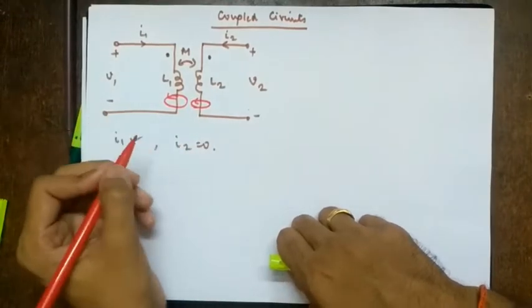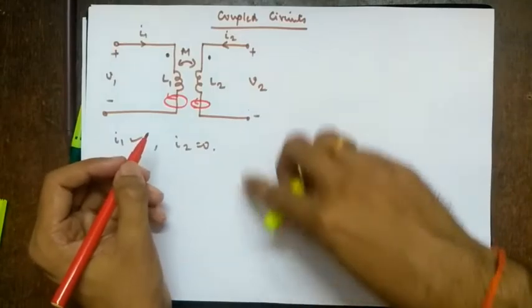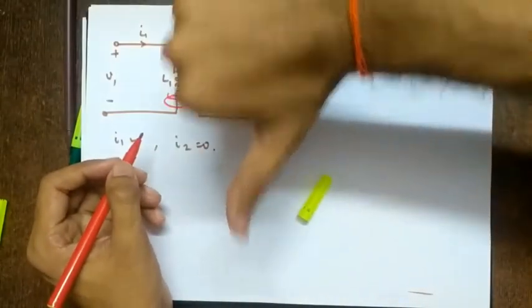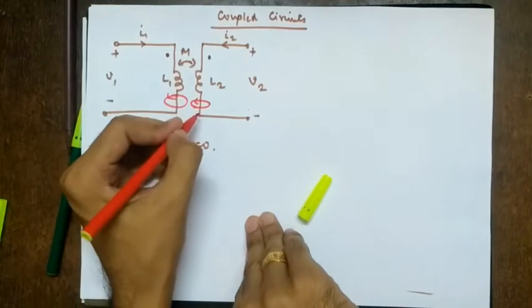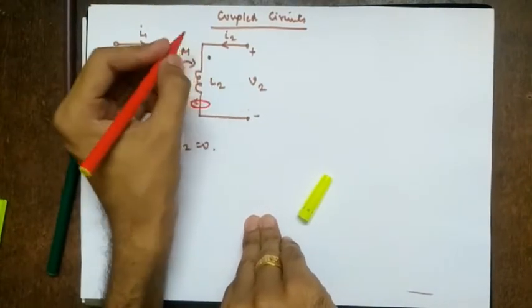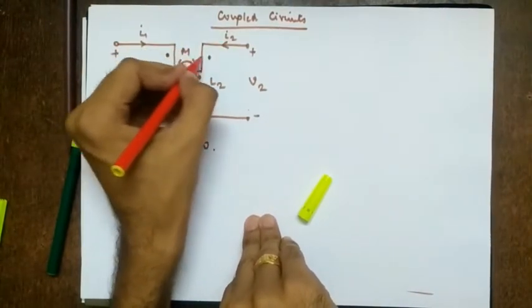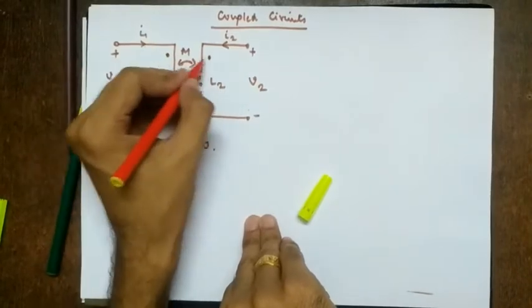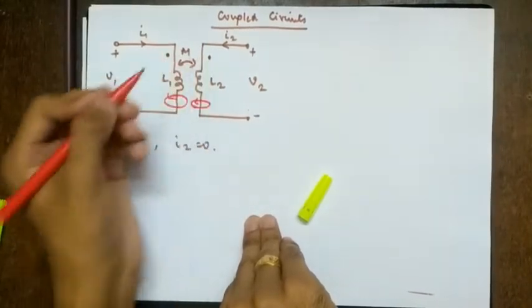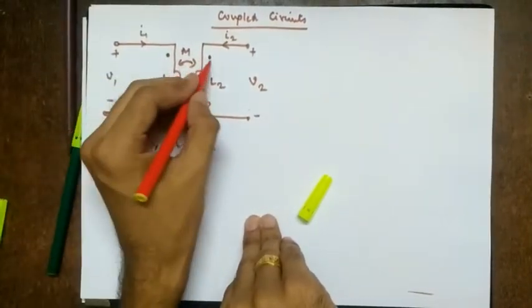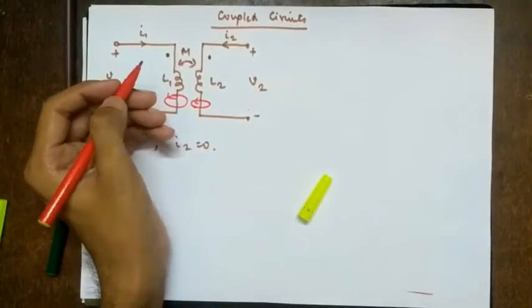In the same manner it will get linked up. Again the current is flowing downwards, and the current here is also entering. So both are positive. That is what we understand from this, that both the polarities are positive.